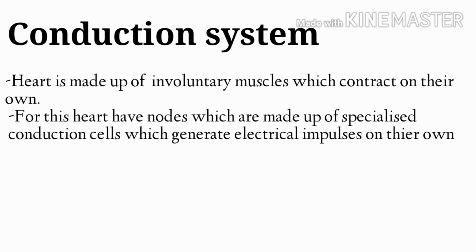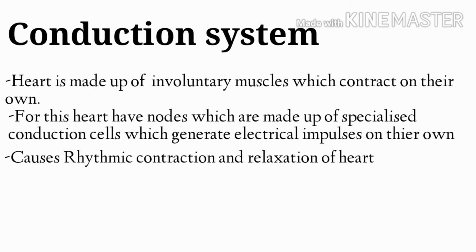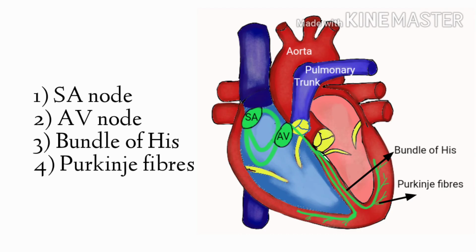These electrical impulses are then transferred systematically across all the nodes in the heart to cause rhythmic, coordinated contraction and relaxation of the heart chambers. It consists of the following nodes: SA node, AV node, bundle of His, Purkinje fibers. We will learn about them in detail in the upcoming lectures.